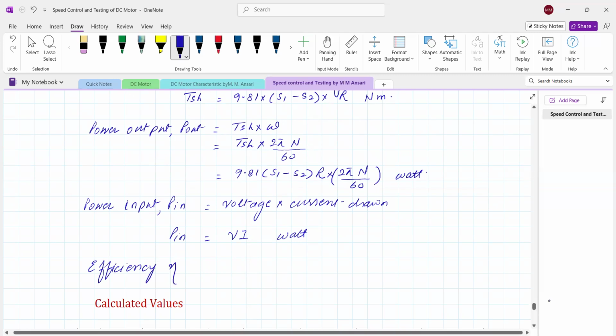Efficiency is equal to power output divided by power input, multiplied by 100, so it is in percentage.